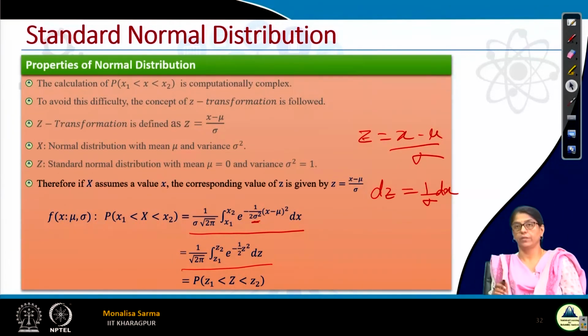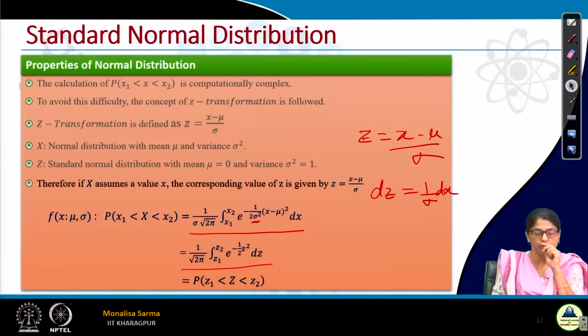But again, there is one more point to that. The table has the cumulative value, like in the binomial distribution the table had the cumulative probability distribution function value. Similarly, here also the normal table has the cumulative distribution value.